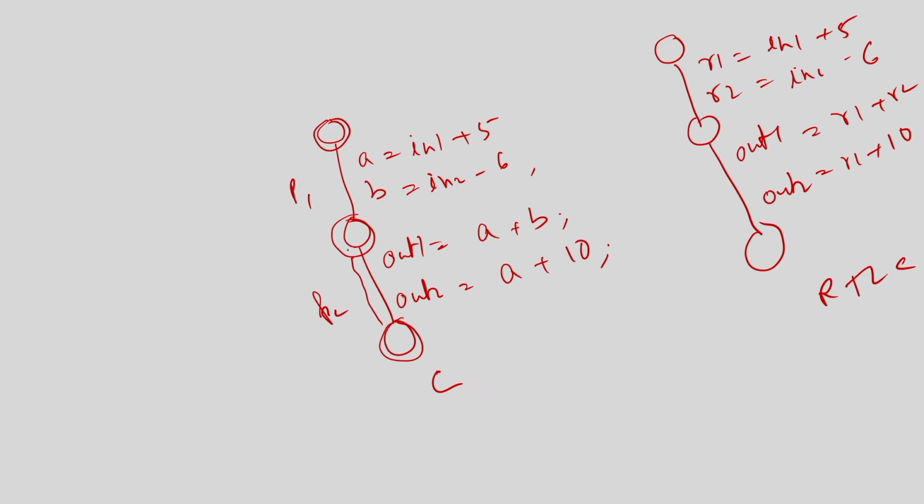Now, if you try to compare this path with this path, what will be the expressions of out1 and out2? Out1 will be A plus B, and out2 will be A plus 10. This is the data transformation, and there is no condition.